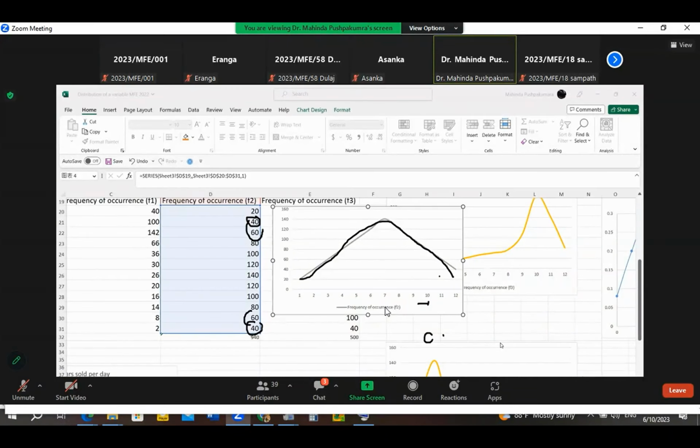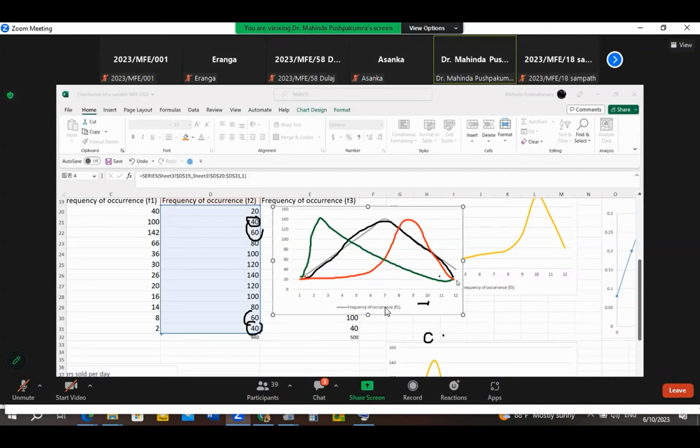Okay. I think now you may have an idea about the shape of the distribution, and why we are having different shapes. Mainly, we have 3 shapes. This one we call symmetrical. If you have a distribution like this, we call it left skewed. If you have a distribution like this, we call it right skewed.